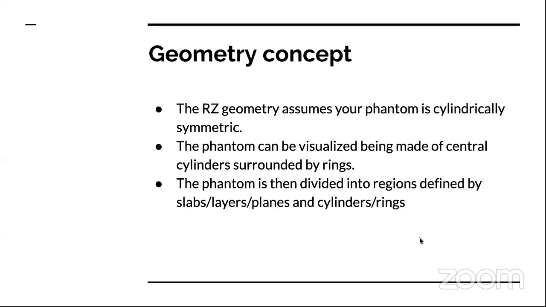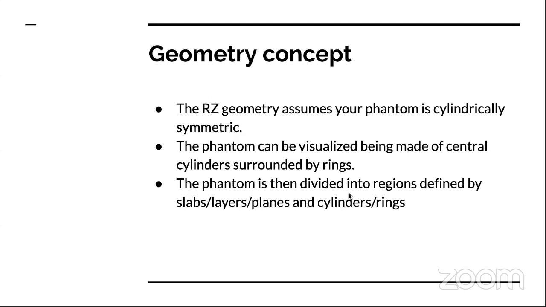Okay, so the RZ geometry assumes your phantom is cylindrically symmetric, okay? And that's why the calculation is actually fast. We need to only record the particle Z and R positions, okay? That is enough, and that's why the calculation is usually fast.